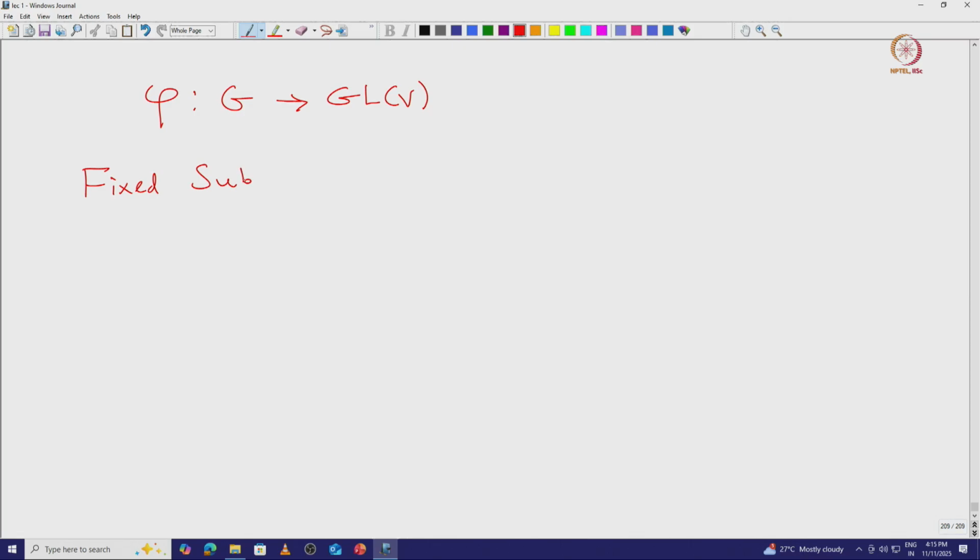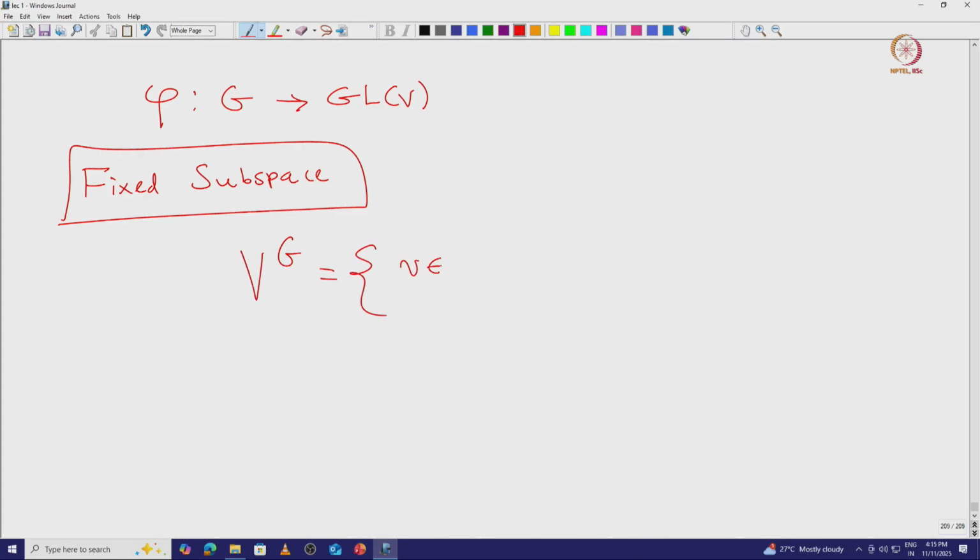So, what is the fixed subspace? By definition, as the name suggests, this is going to be those vectors from capital V that are fixed by the action of all elements of G. Now, the fixed space is actually nothing but the intersection of the eigenspaces corresponding to the eigenvalue 1 for all these operators phi g.